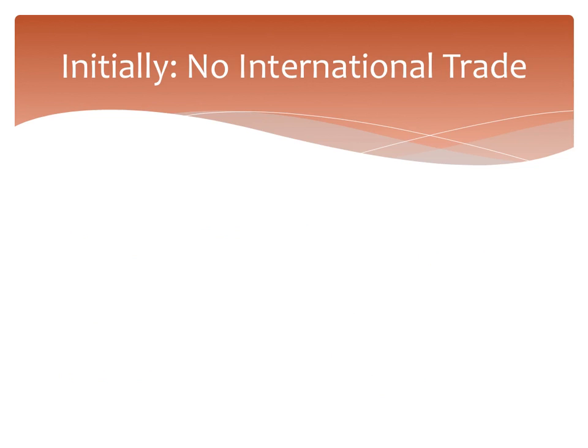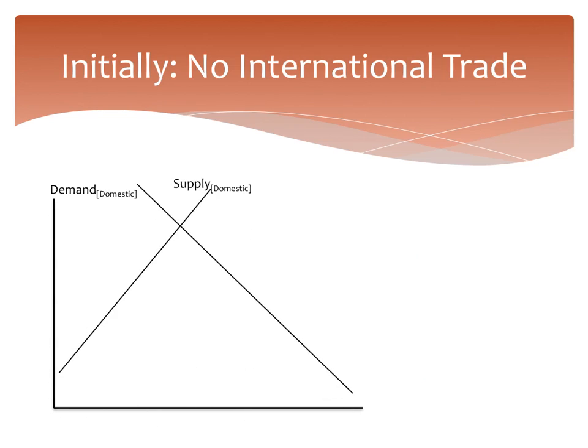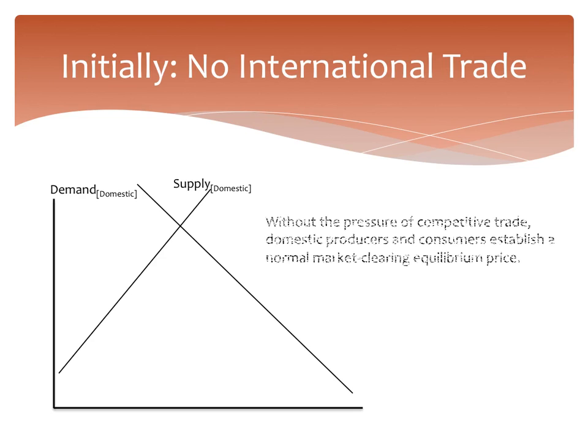So let's start and see if we can understand this. We'll look at the first situation, which is that we have no international trade. This is a standard supply and demand system that you would have seen many times before now. And when we see those supply and demand curves, we say, all right, we can expect that, with no competitive pressure, domestic producers and consumers are going to find some equilibrium point that makes sense.